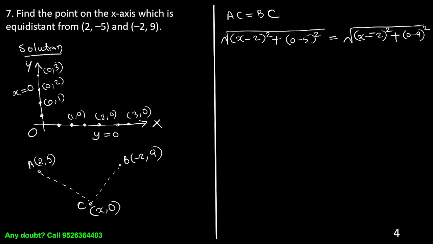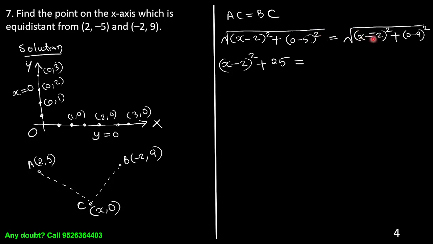Now let us square both sides. The square root will be removed. We get (x minus 2) all square plus this is (minus 5) square, correct? Minus 5 square is 25. Right side, again the square root is removed by squaring both sides.